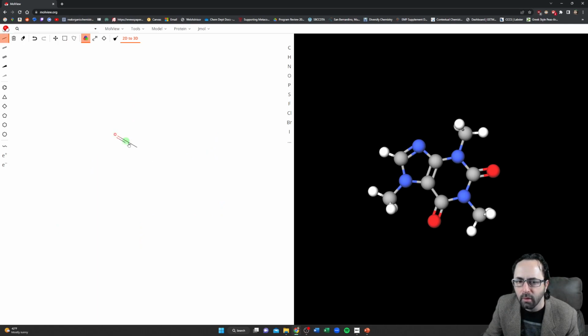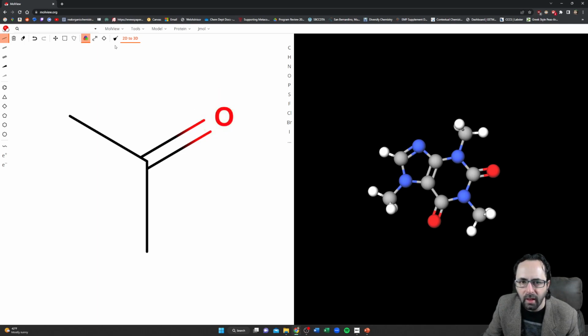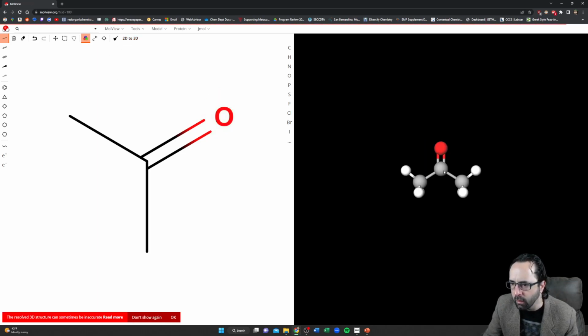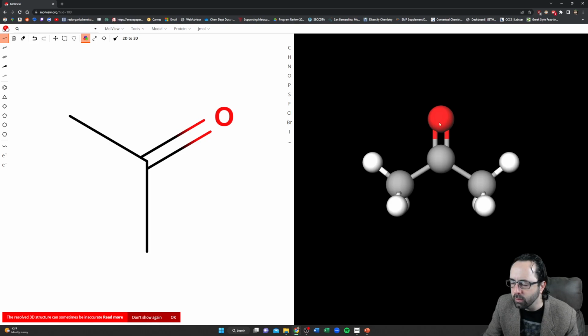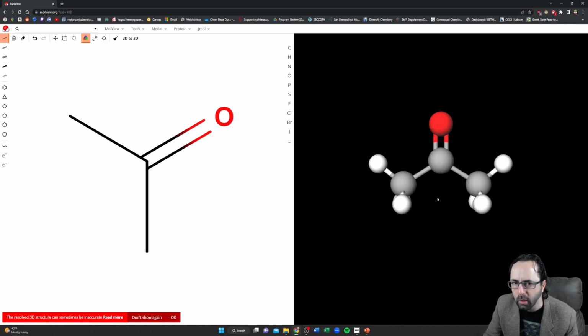So if we have this guy right here, acetone, what we were just looking at, and we look at its 3D structure here, we can see first of all the shape, where that oxygen sticks out relative to everything else because of the trigonal planar sp2 hybridized carbon.